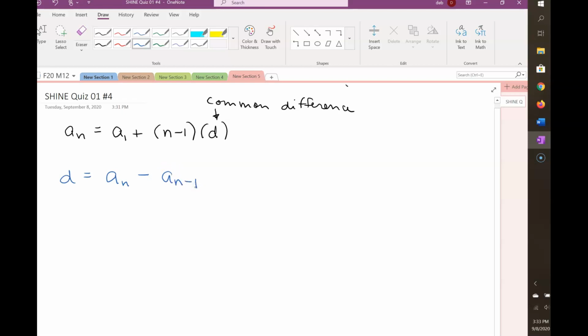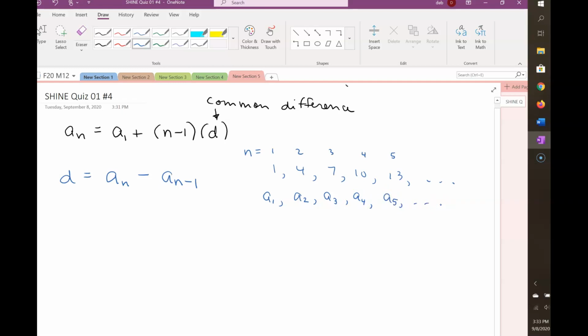So it means that if you take a term, let's just look at a made up sequence. So the n numbers are n equals 1, 2, 3, 4, 5, and so on. So this is a sub 1, this is a sub 2, 7 is a sub 3, a sub 4, and so on.